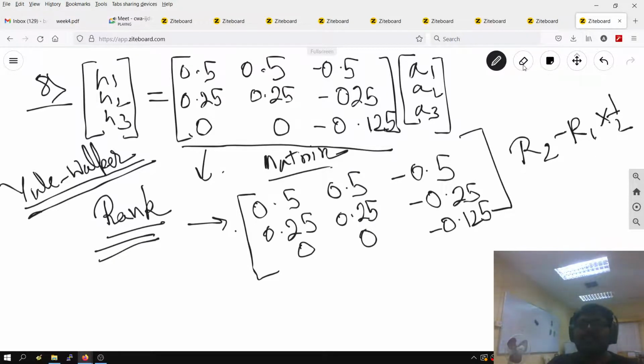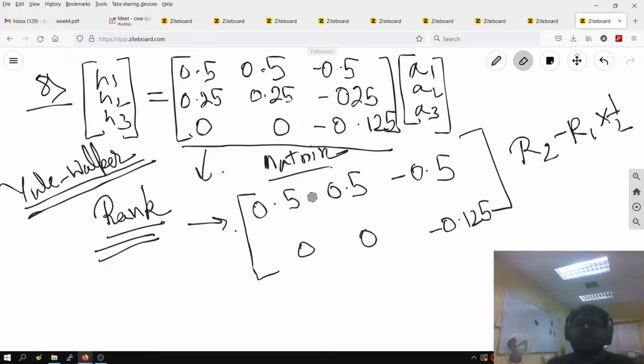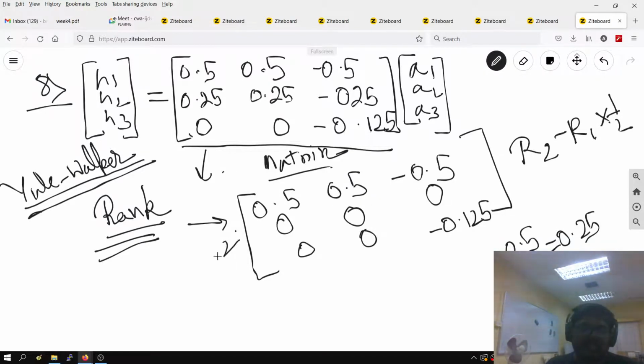So what will be the entries? I'm just writing all the entries once again. The first thing is 0.5, and if I do 0.5 by 2, it becomes 0.25. If I subtract 0.25 from 0.25, it becomes 0. This also becomes 0. This also becomes 0. So what is this matrix? This matrix has rank of 2, not rank of 3.